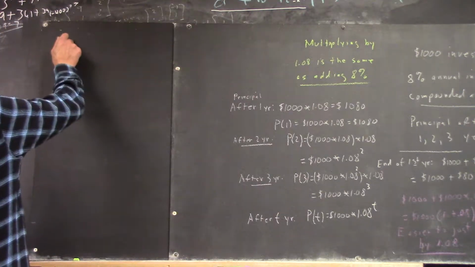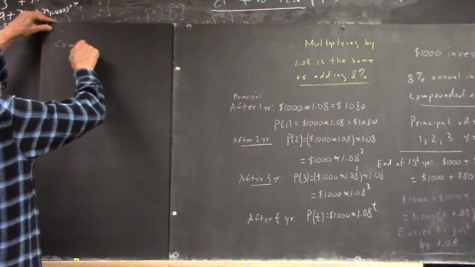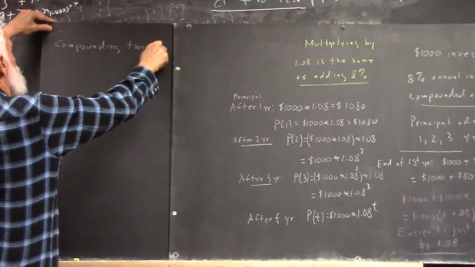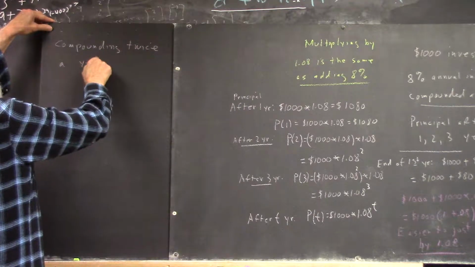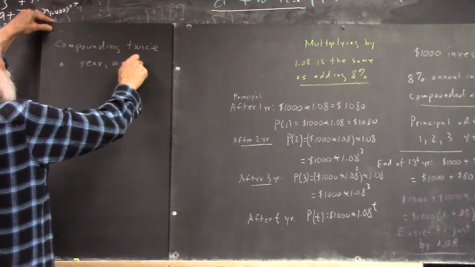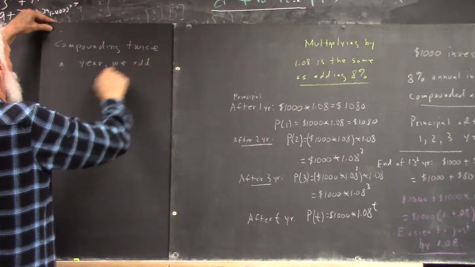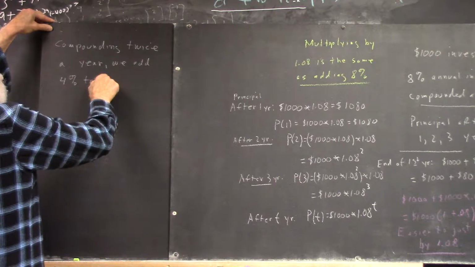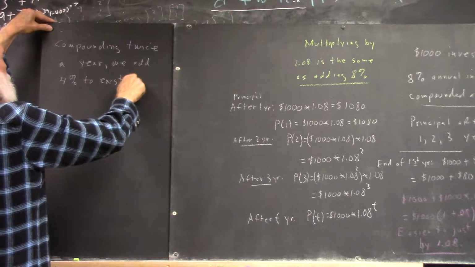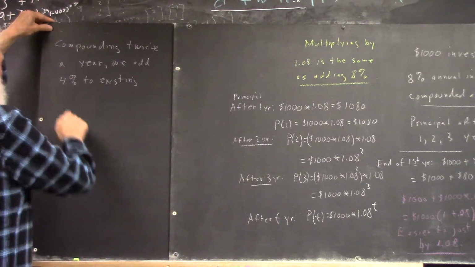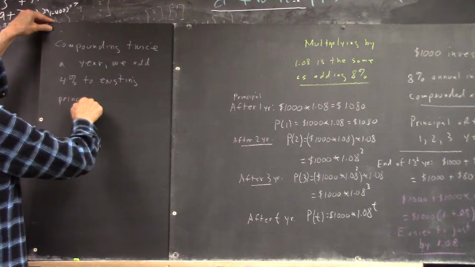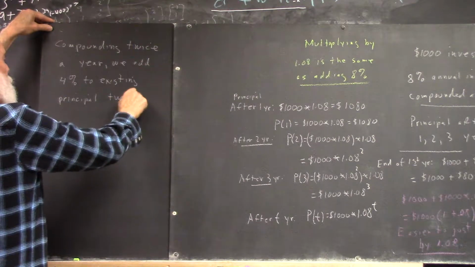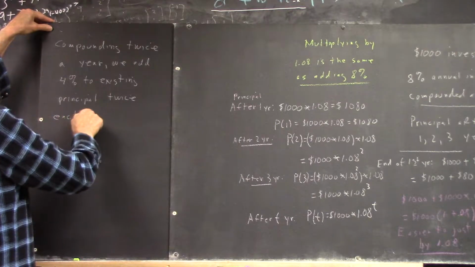So we add 4% to the existing principal twice each year.